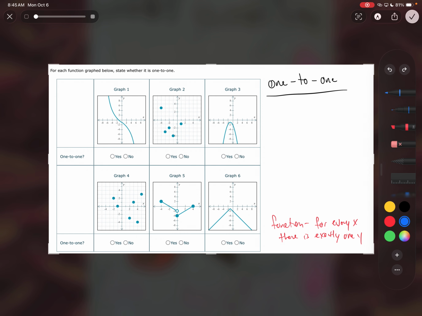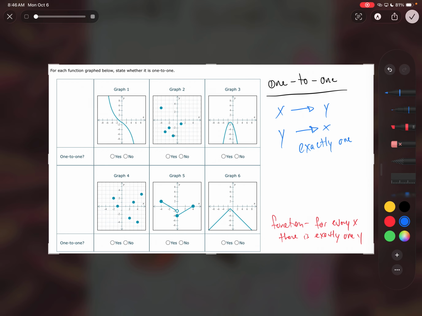For every x there's exactly one y, and for every y there's exactly one x. It goes both ways. Sorry, I don't want to write all that out. They are one-to-one. There's exactly one x for every y, and exactly one y for every x.